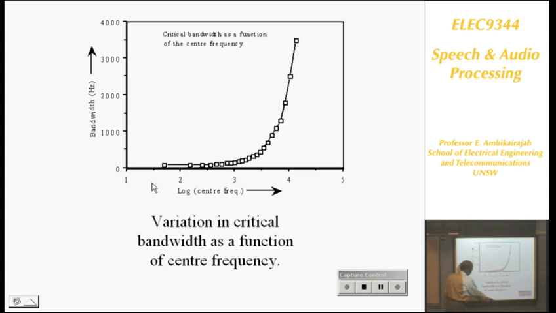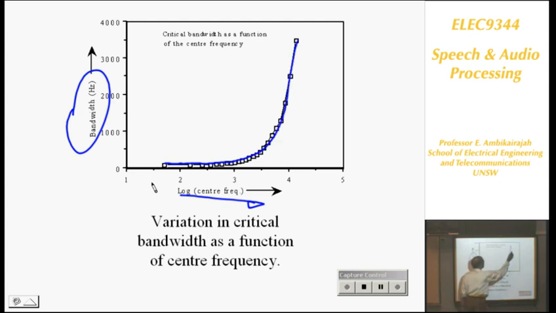We have drawn an example here, bandwidth against the center frequencies. You can see the bandwidth is virtually constant for some time, then starts to increase little by little, and when it comes to the higher frequencies it goes very fast.